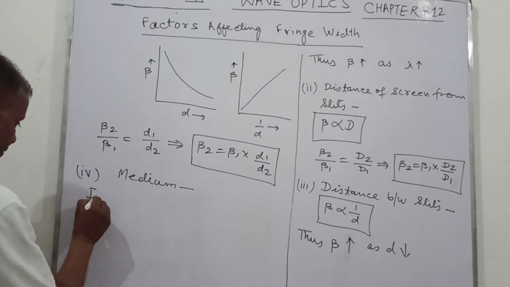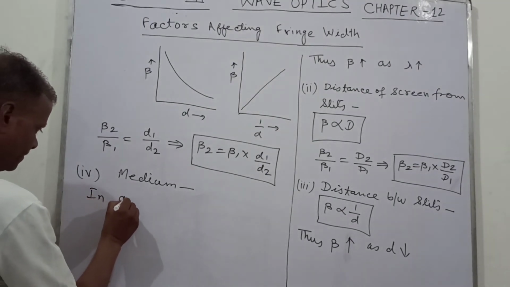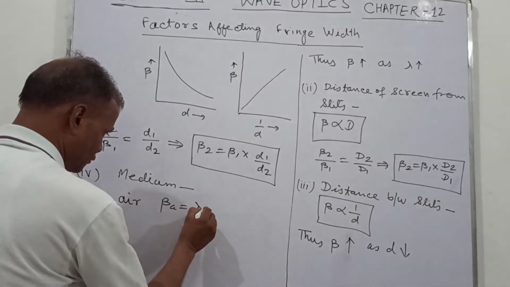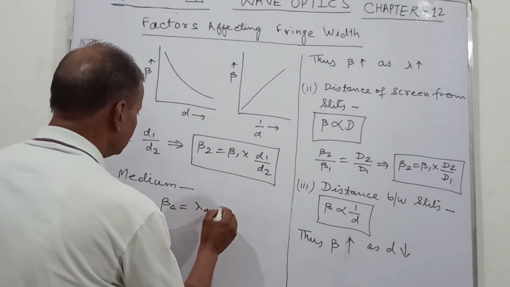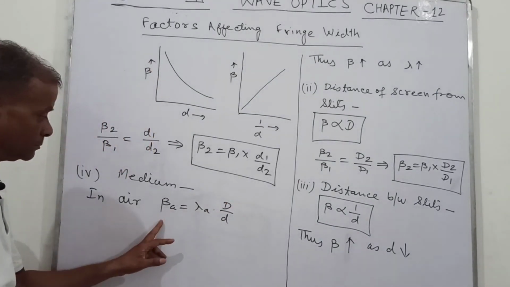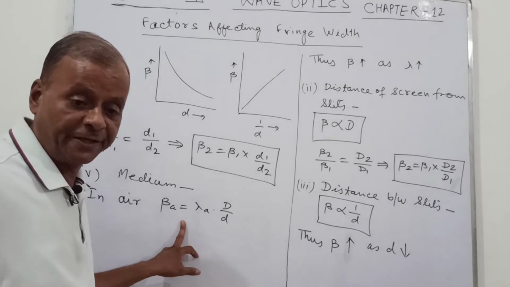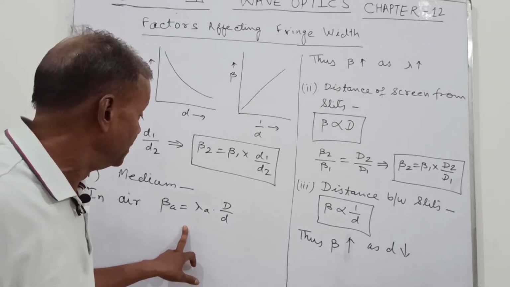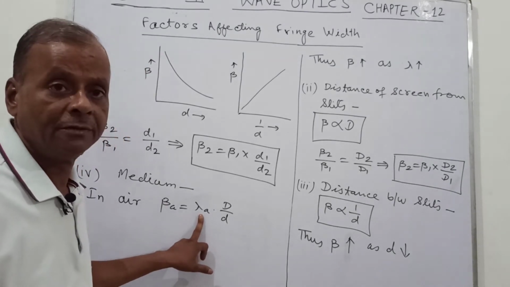In air, beta A equal to lambda A into D upon d. When the experiment is done in the air or in the medium, there is only change in lambda.